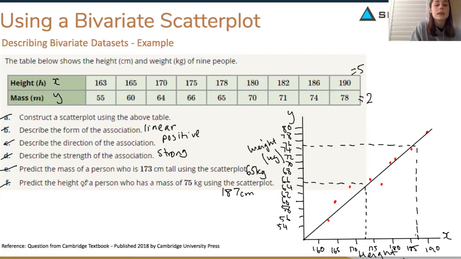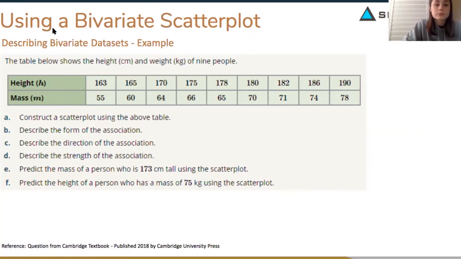And then we predicted the height of a person who has a mass of 75, so we went up to 75 on the mass, went across till we met the line, and then down. So using these dotted lines, I would recommend. It reduces the chance of errors. You can follow where you're going across, and then you can go down. So that's how you would do that example.